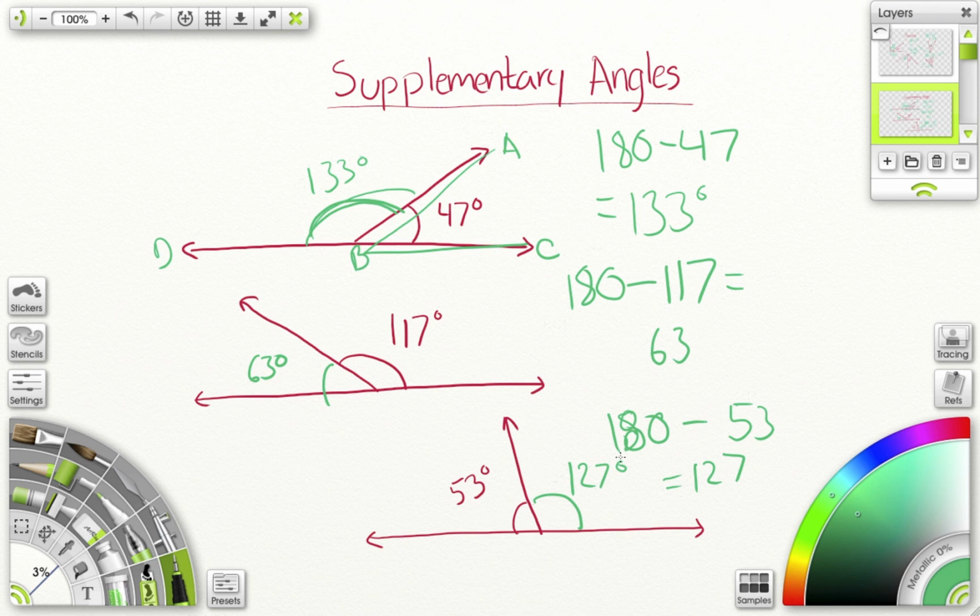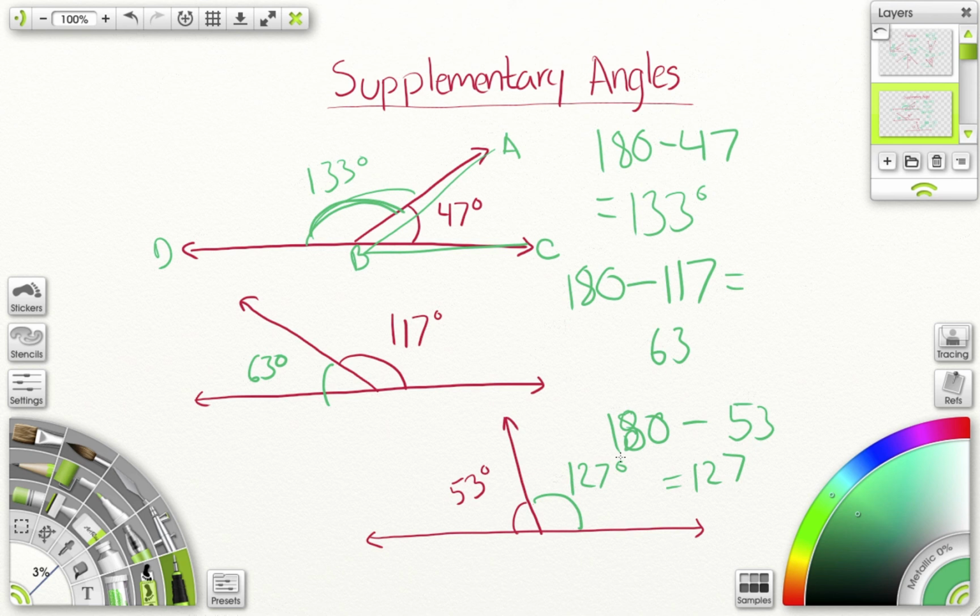That's complementary and that's supplementary angles. Complementary have to add up to 90. Supplementary have to add up to 180. And that's all it is. The easiest way to remember the difference between the two: complementary is a smaller word, smaller angle. Supplementary is a longer word, bigger angle. And that's how you can tell the difference. So that's basically what your questions may be based off of.